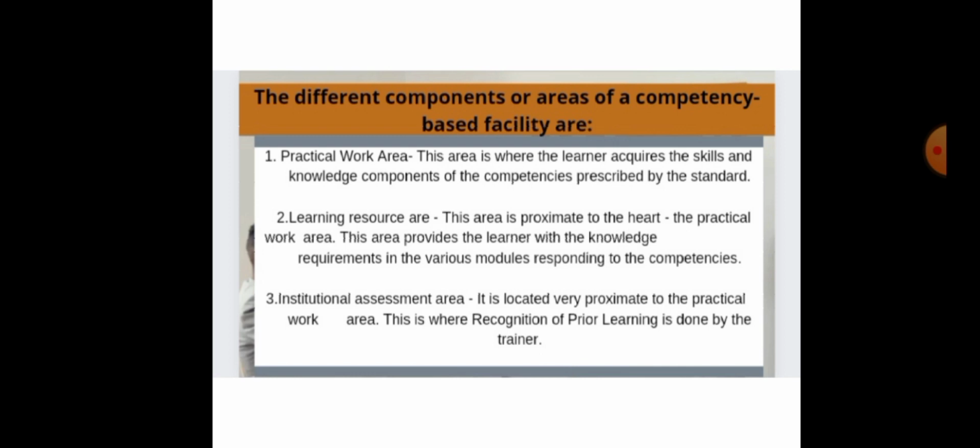The trainee is then handed a certificate of achievement by the institution. This facility is provided with a computer system that houses and manages learners' individual records, and skills assessment is conducted at the practical work area.